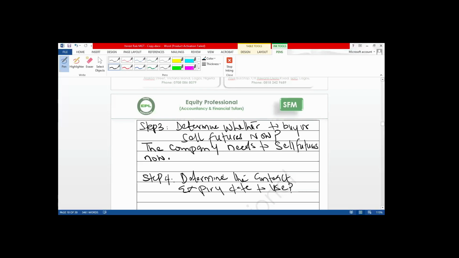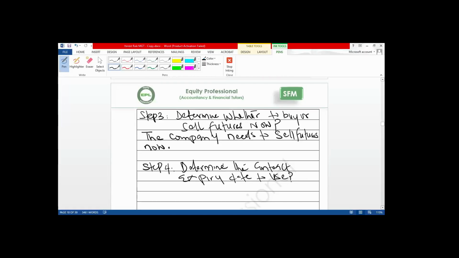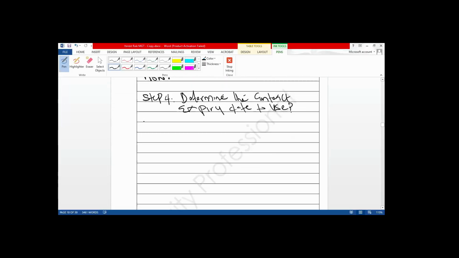That is the contract that will mature immediately after the transaction date.